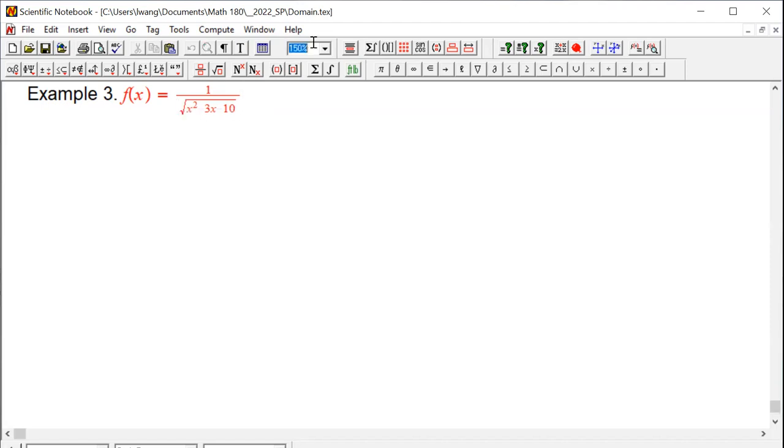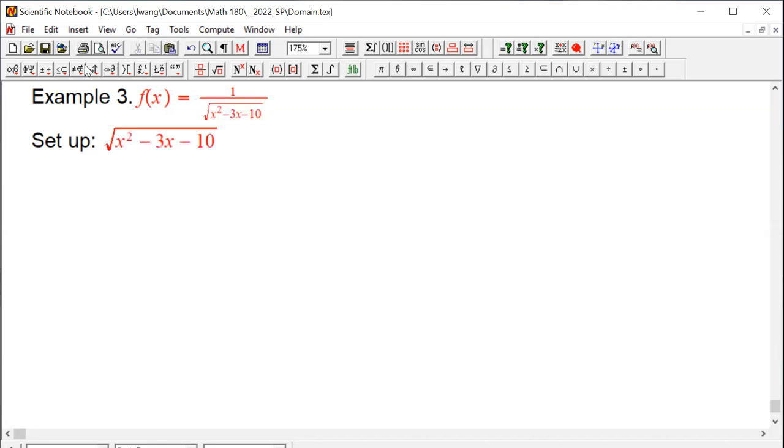I need to make the fonts a little bit larger so you can see the minus sign. 175%, okay, that's a good size. Now, the square root part is in the denominator. It cannot be 0, so we need to guarantee the denominator cannot be 0.